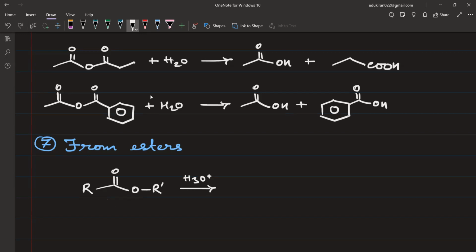Okay, R C double bond O, first of all write R C double bond O, and then you write OH plus R dash OH. So you get a carboxylic acid and an alcohol. This reaction you have done in the methods of preparation of alcohols also. So please write if you have something like this.